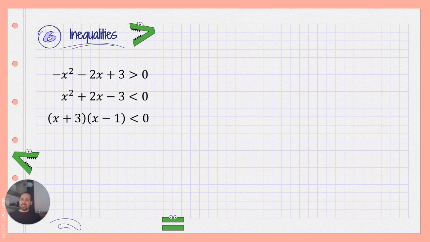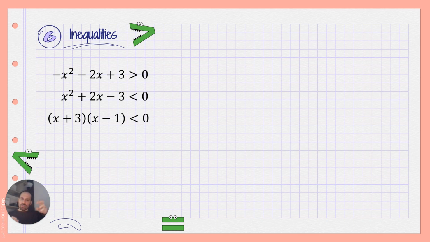We could then factorize this in the usual way, but it's a little bit different now, because we can't just say x plus 3 is less than 0, x minus 1 is less than 0. It doesn't work like that, because before we were talking about when the two numbers multiply to equal 0, which is only when one number is equal to 0. But in this case, we're looking at when they're less than 0, which is when they're basically negative.